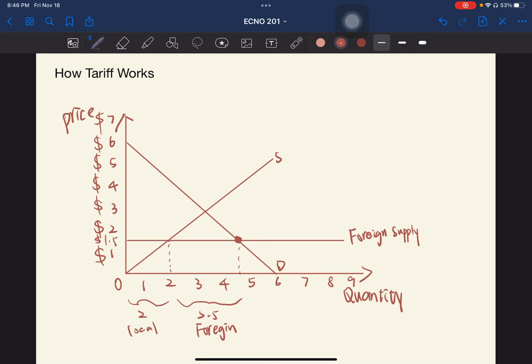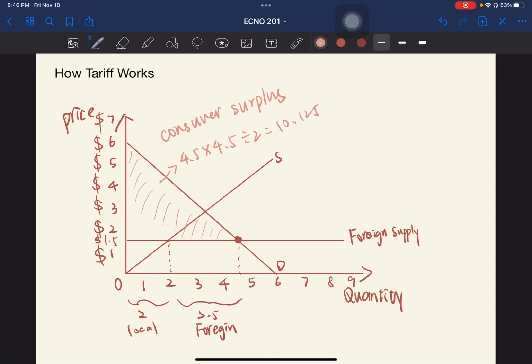And this time the consumer surplus will be this part, and this will be 4.5 multiplied by 4.5 and divided by 2, which is 10.125.